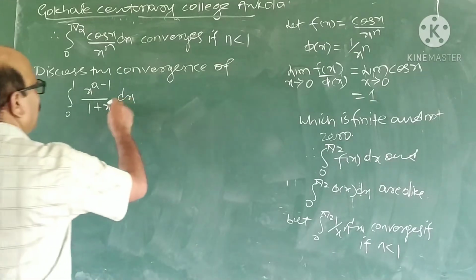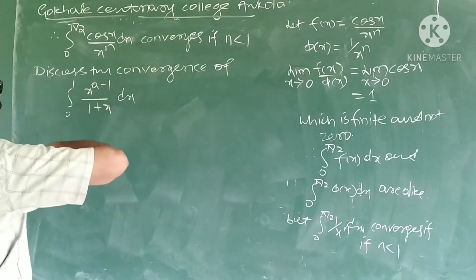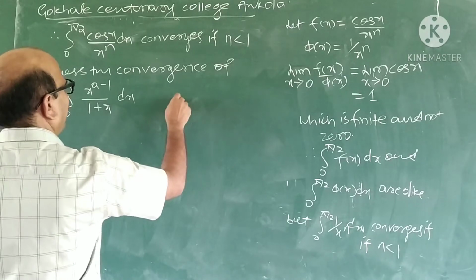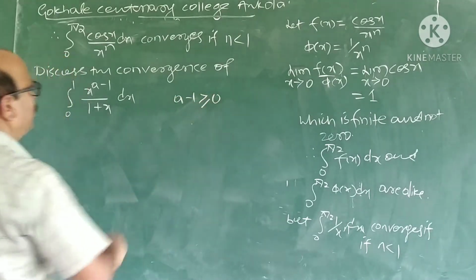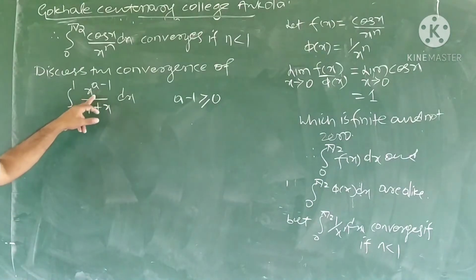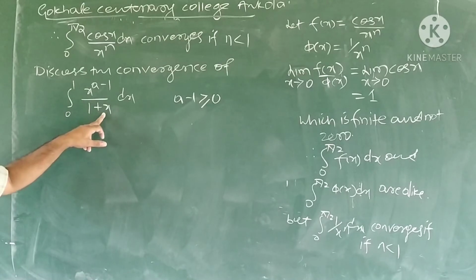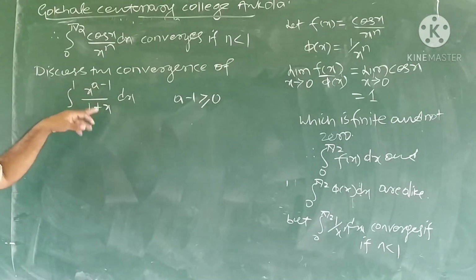Here, when does it become improper? Suppose a minus 1 is equal to 0, x raised to 0 is 1, then 0 does not give any problem for this f(x).